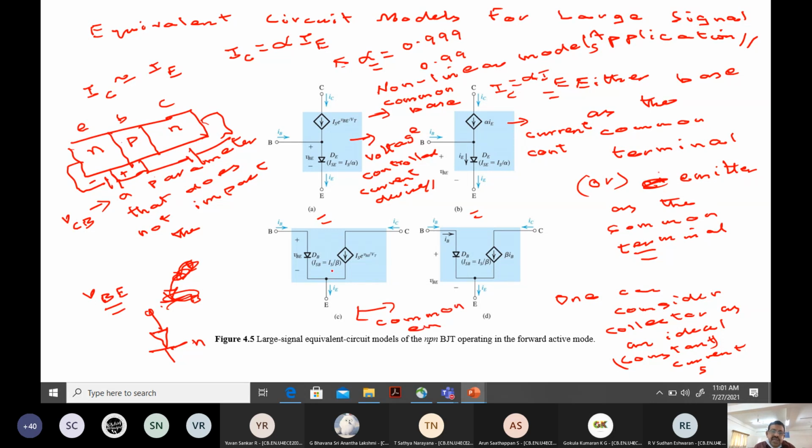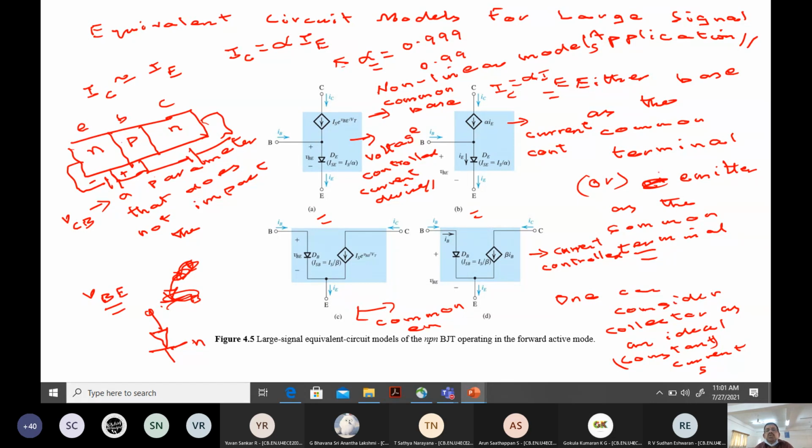C corresponds again to a voltage control device, because my collector current is written in terms of the input voltage parameter, whereas in this case it is written in terms of the current. So: current control device, voltage control device. All of them are equivalent circuits.